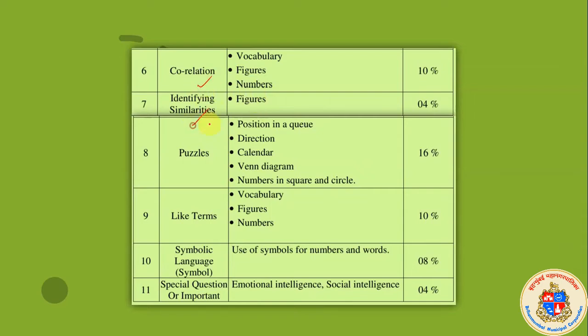There are also correlation, identifying similarities, puzzles, like terms, simple language, and some other special types of questions which will check your emotional intelligence and social intelligence. All will be included in your question paper.